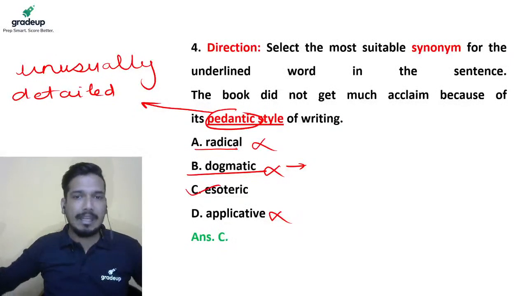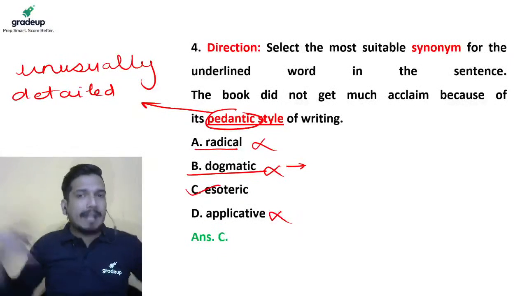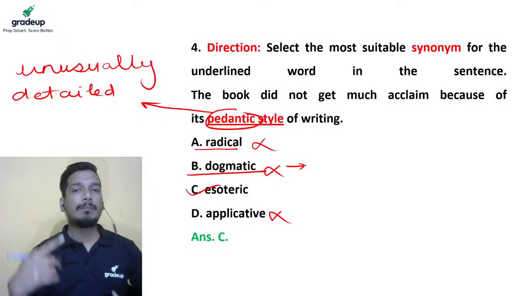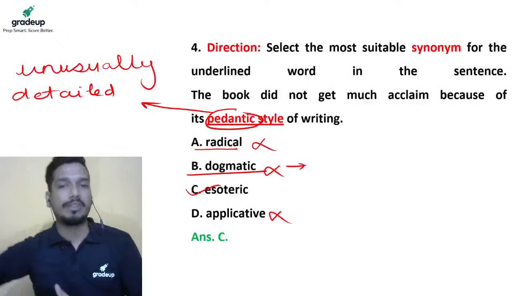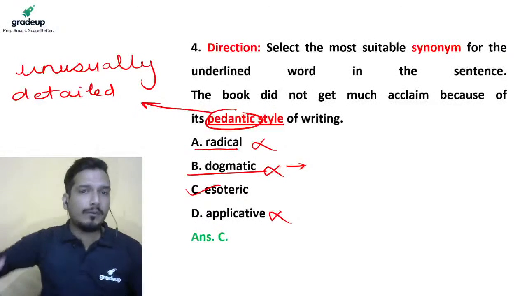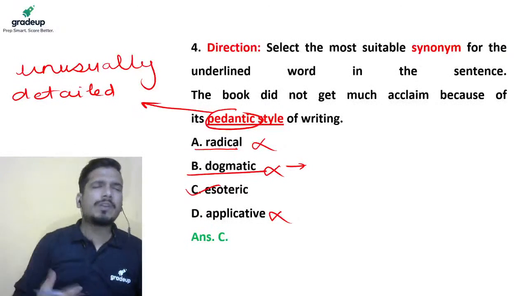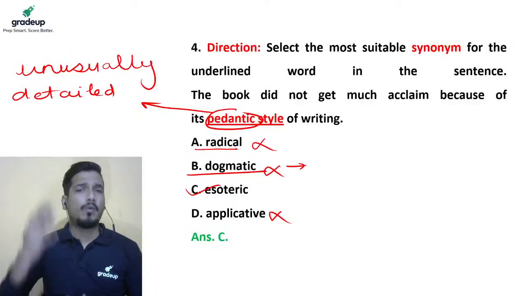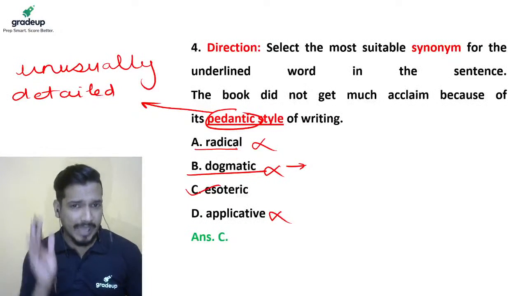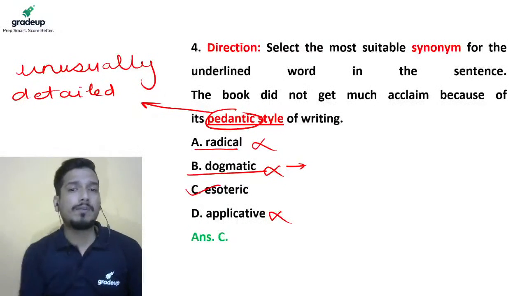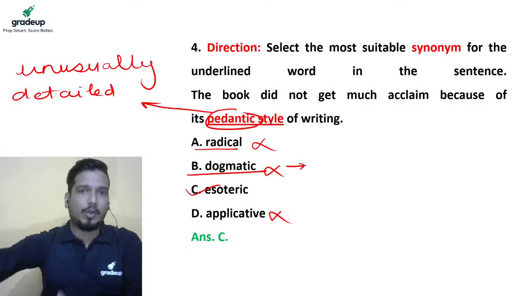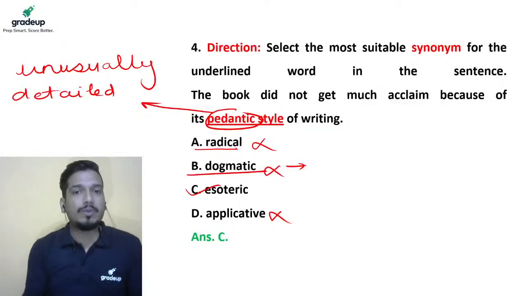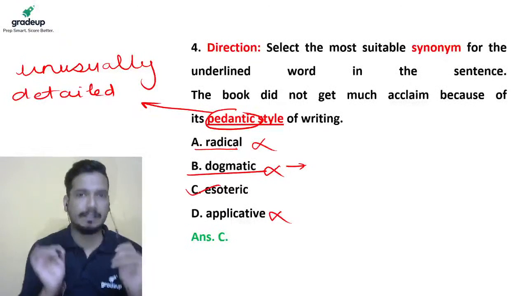Both pedantic and esoteric might not be the exact synonym, but both of them are unusual in their own way, right? Out of the four options, let me tell you something: most of the time you won't get the exact synonym or exact antonym. Most of the time you will get a close synonym or a close antonym. On those grounds, esoteric is correct.